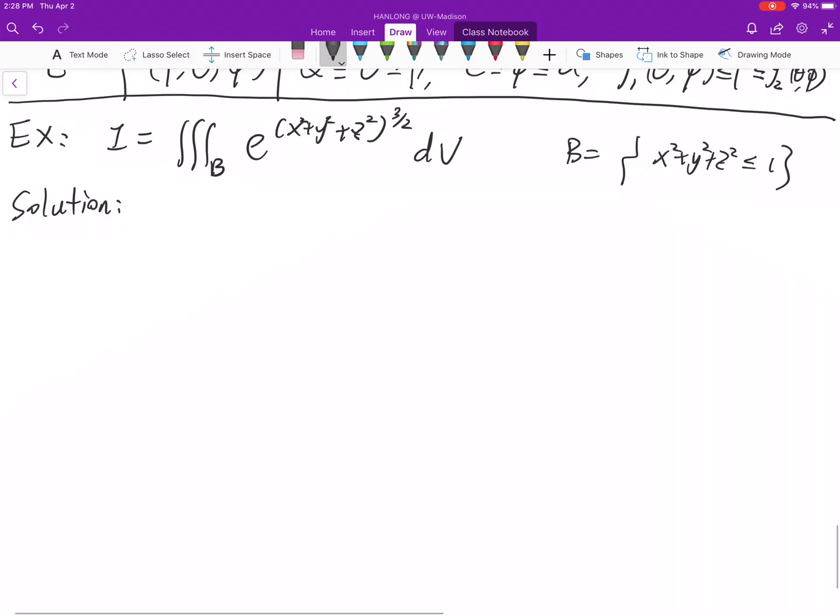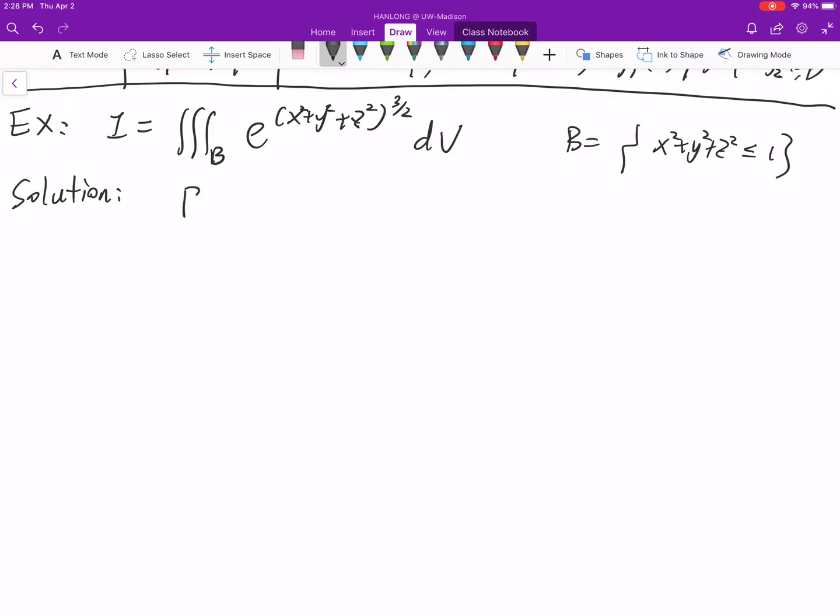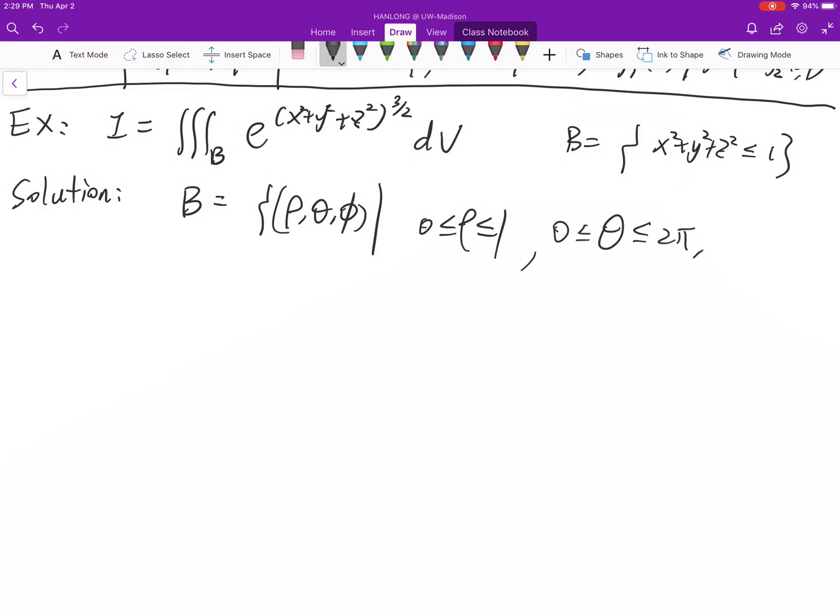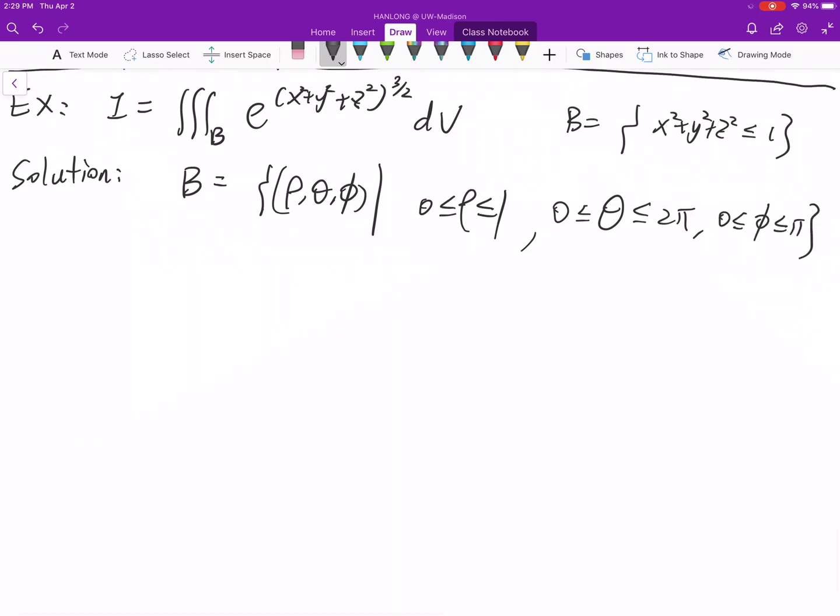So first, let's write B as a cuboid in spherical coordinates. Rho, of course, is between 0 and 1, and theta has a natural domain 0 to 2 pi. Phi is naturally bounded by 0 and pi.